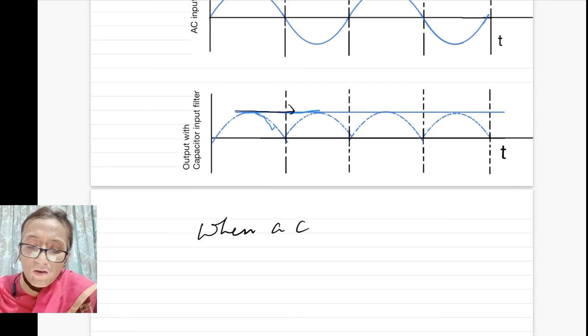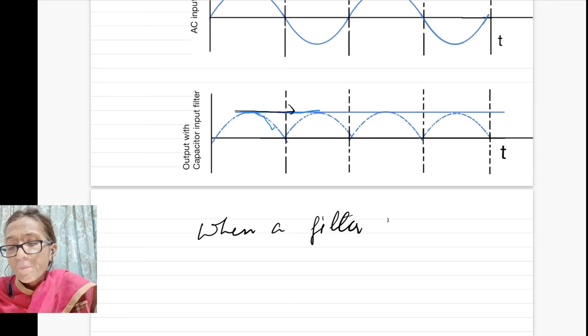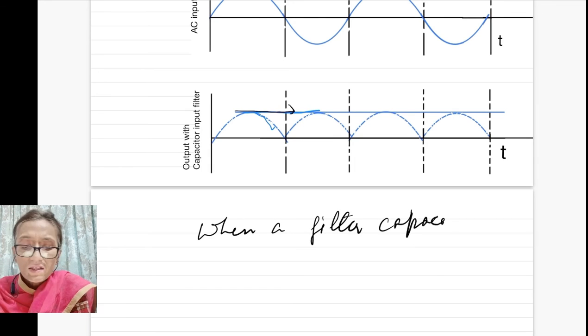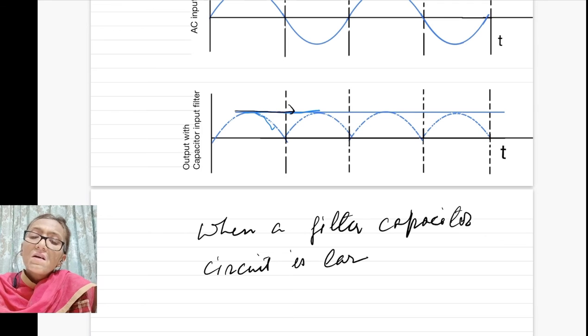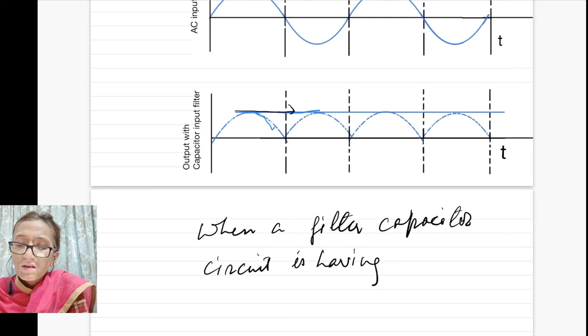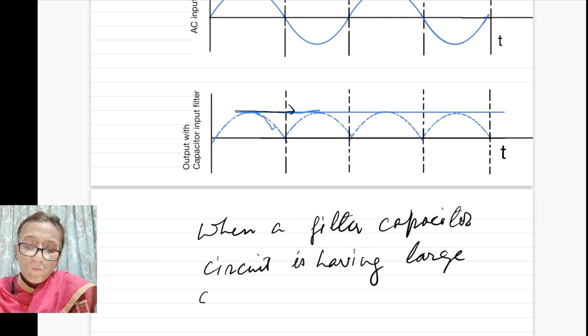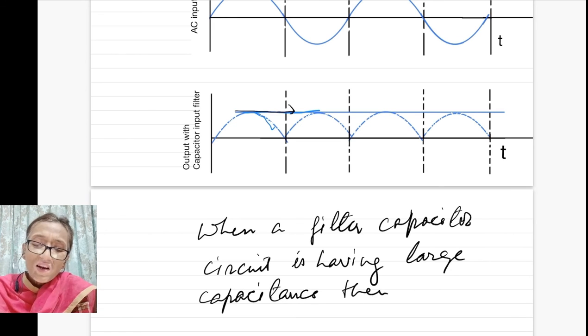When a filter capacitor circuit is having large capacitance, then this rate of decay is small.